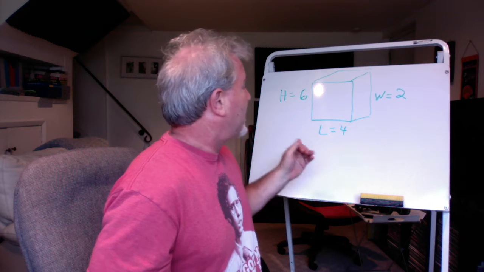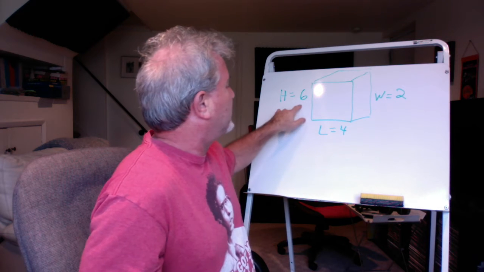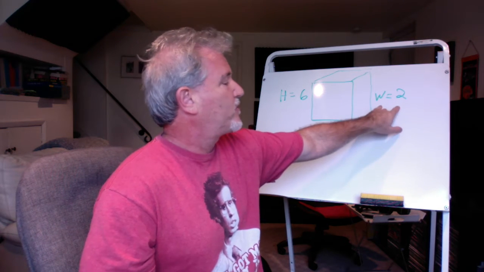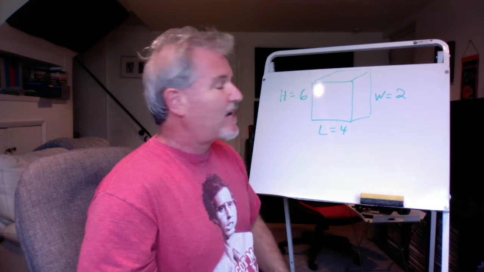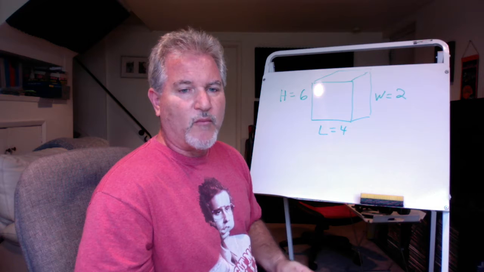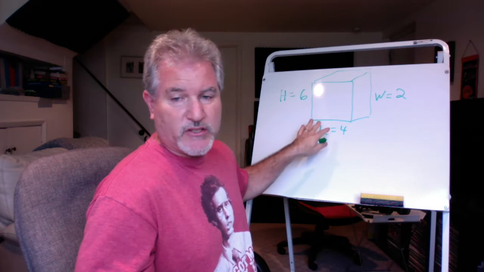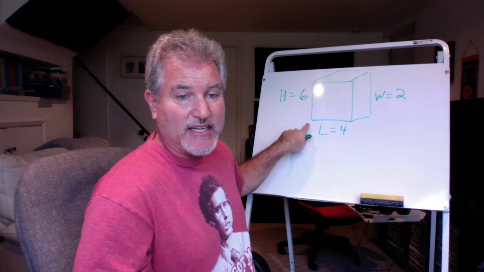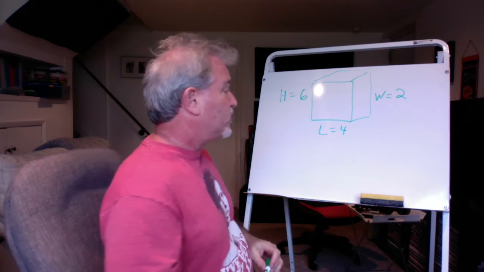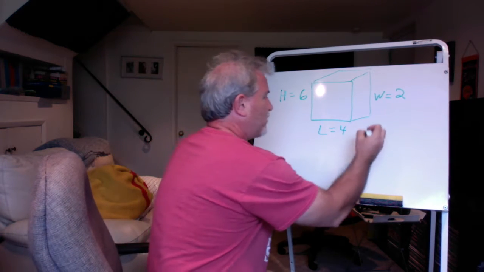It's going to say, let's say I have a prism where the height is 6, the length is 4, and the width is 2. And it could be any numbers. It doesn't matter. And then I'm going to say to you, what if I want to make another prism that's half the size or half as big as this? What would I do? So first of all, I have to figure out what the volume is.